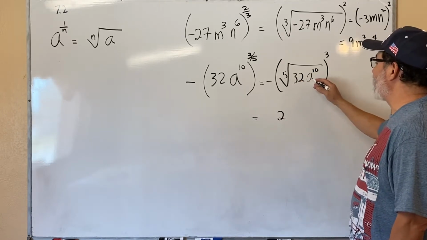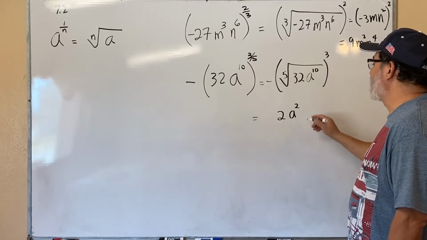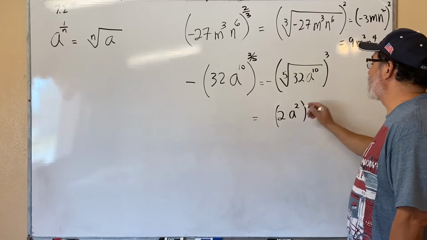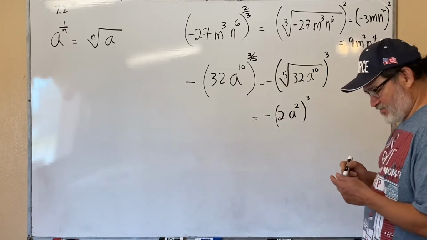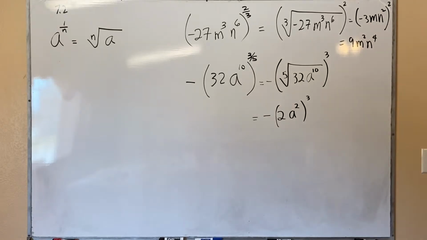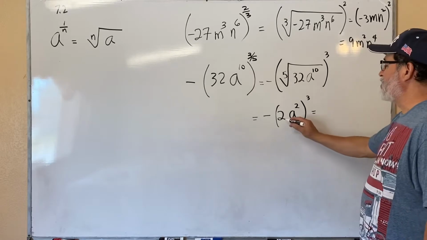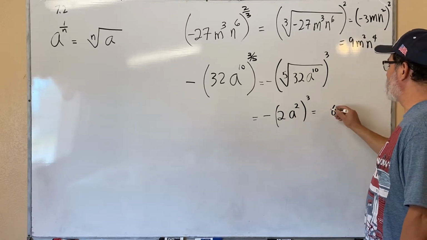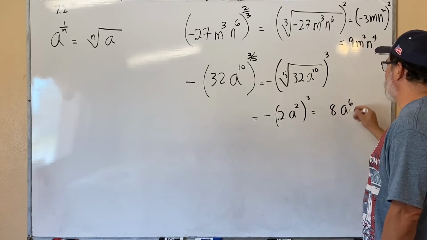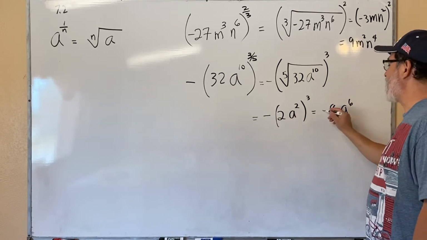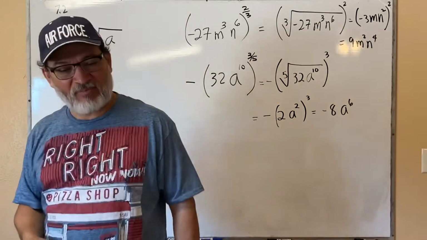The 5th root of a to the 10th, which is a squared. And that's raised to the 3rd power, and this negative remains. So this equals 2 to the 3rd is 8, a to the second cubed is a to the sixth, and the negative remains, and that's the answer. Very good.